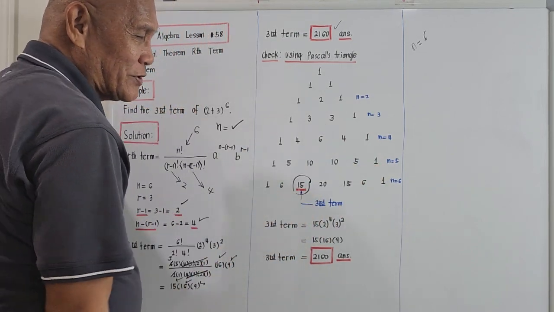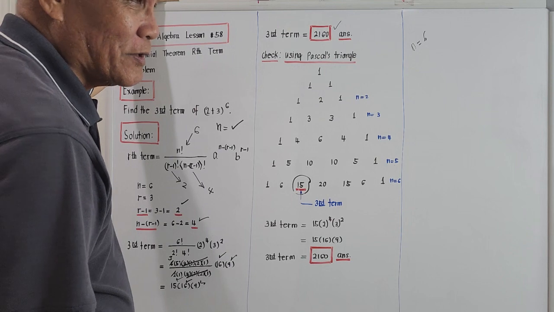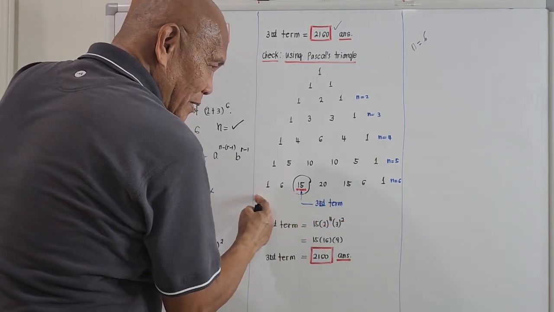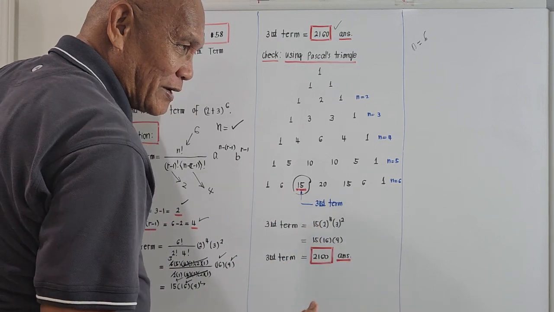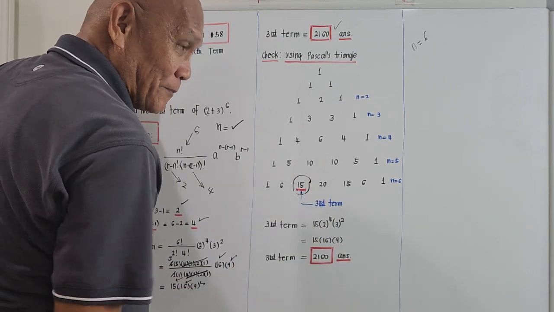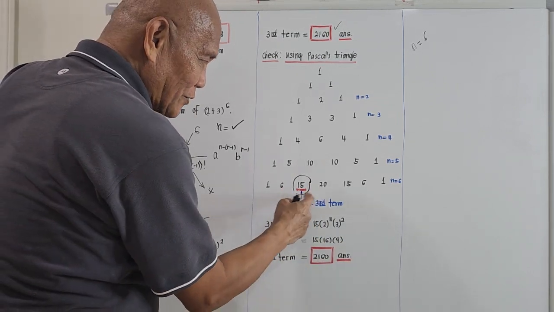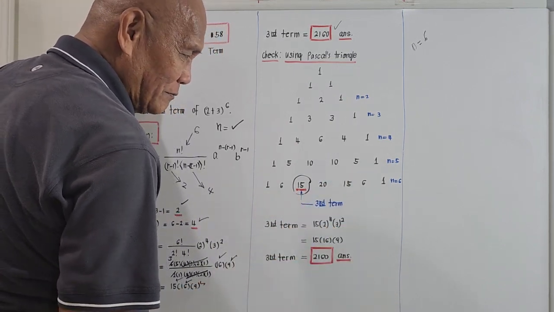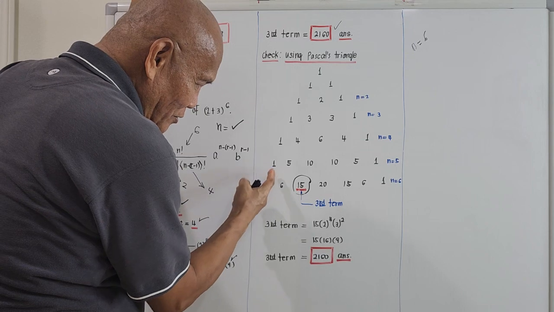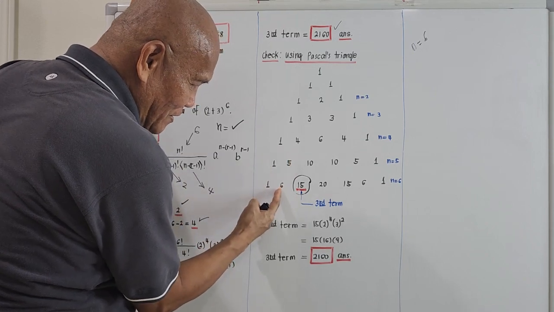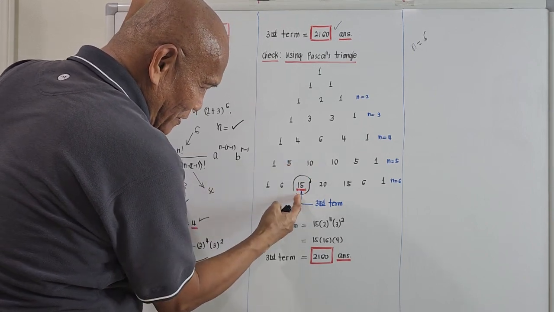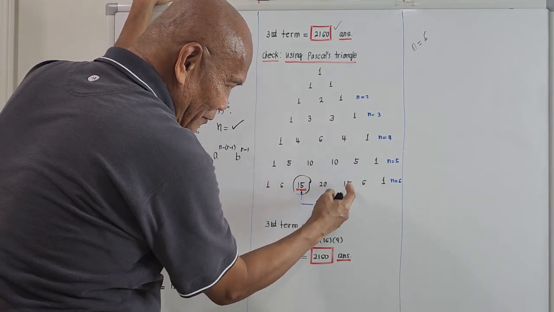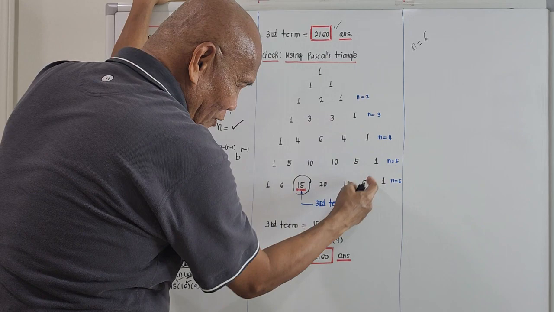For n equal to 6, there will be 7 terms, right? So the two ends will be 1, and the terms inside will be 5. This is 1, 2, 3, 4, 5. So if we bring out the coefficients, 1 plus 5 is 6. 5 plus 10 will be 15. 10 and 10 will be 20. 10 and 5 will be 15. 5 and 1 will be 6.